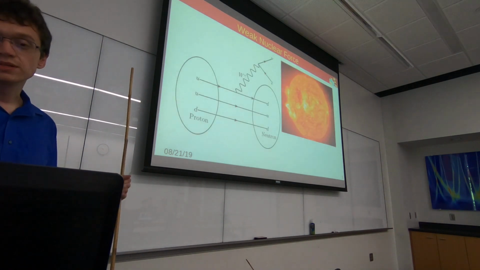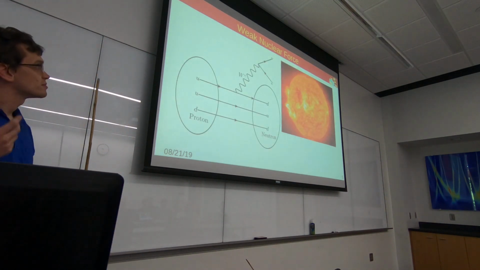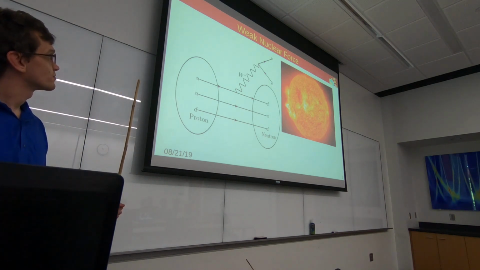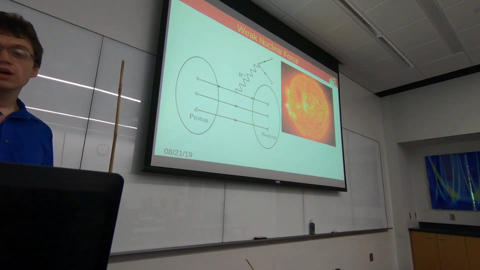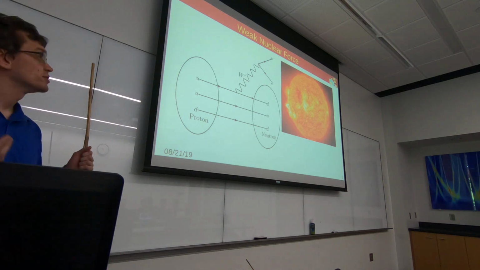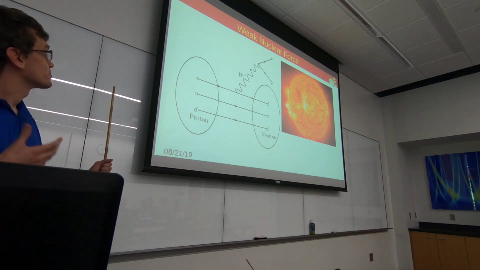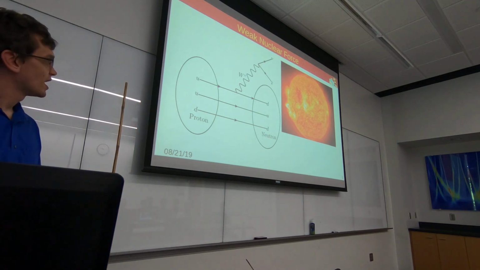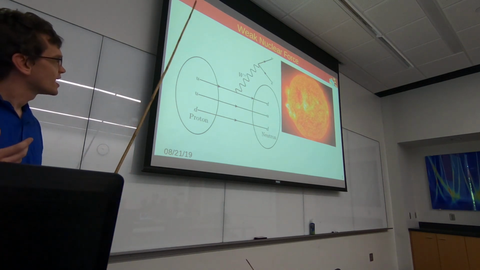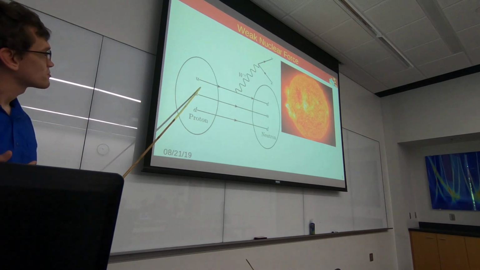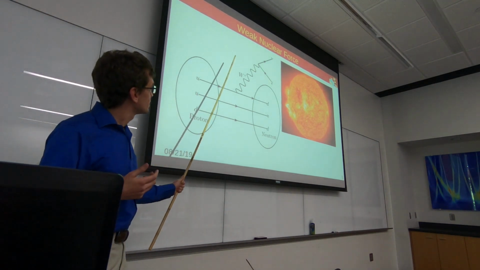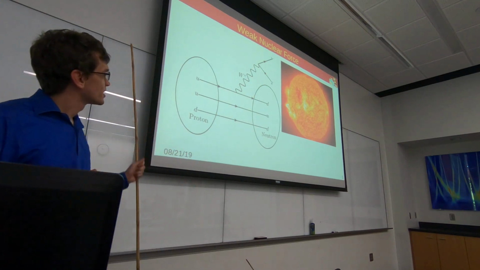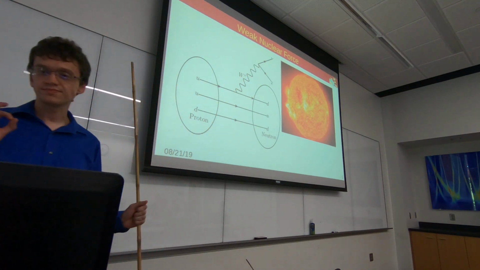For example, one of the critical steps for fusion involves the W. If you want to go from hydrogen to helium, you need to make neutrons, and the weak force allows that. Here we start with a proton and it emits a W, which then becomes a positron and a neutrino, leaving us a neutron.